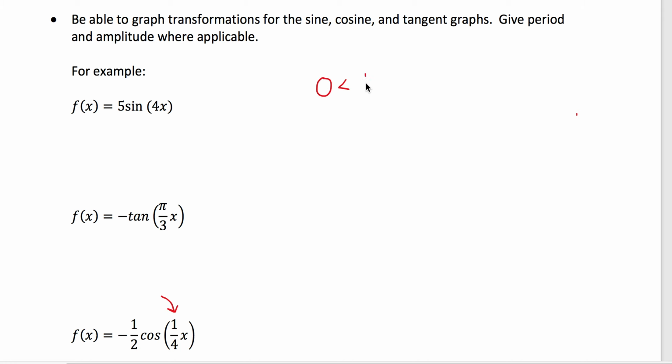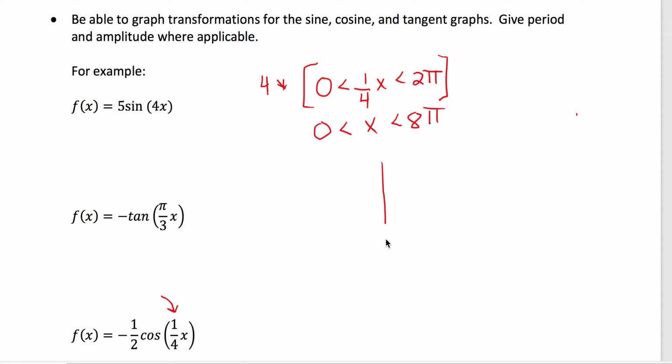So I'm going to start by setting up my interval. Remember that your goal is to get x by itself in the middle, so you should have multiplied everything through by 4. So that's going to give you 0, x in the middle, 8 pi on the end.